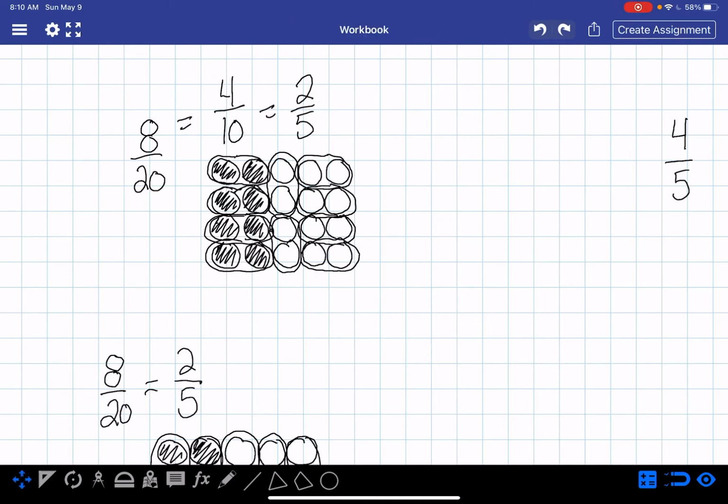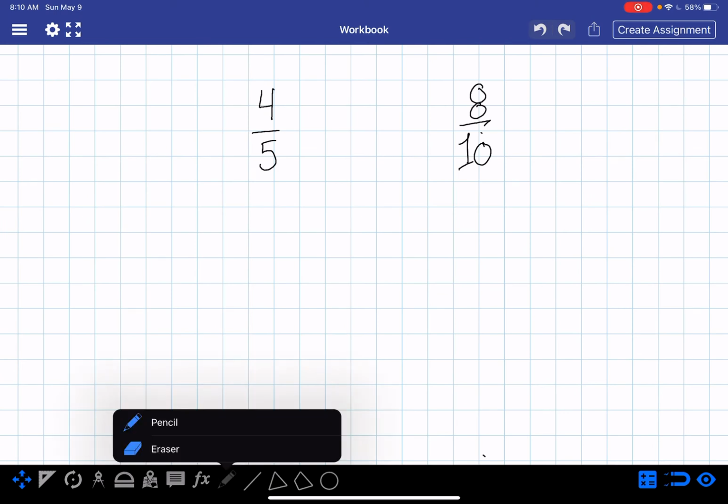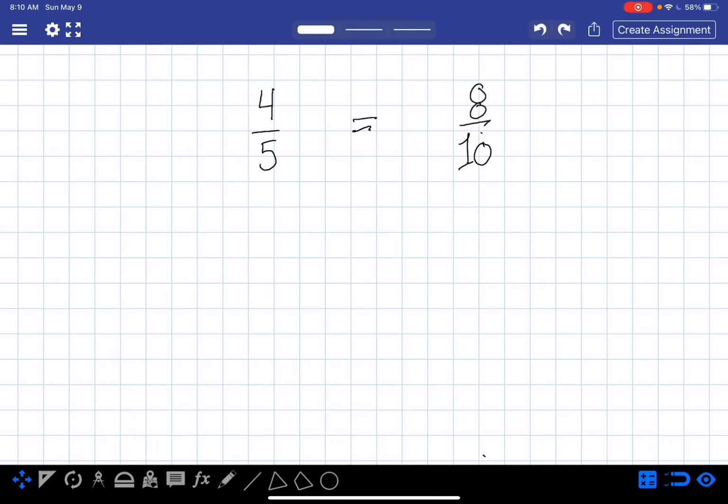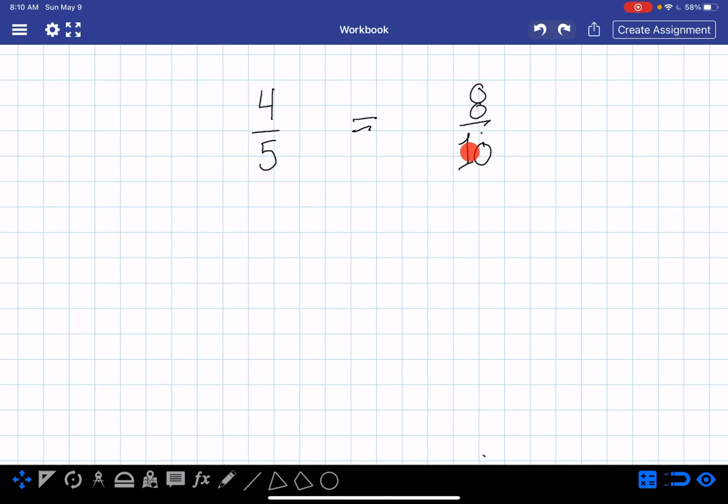Okay, so let's try another example. We're going to illustrate how, this time, they're telling you that these two are equivalent fractions, they're equal. Prove it, okay? So I'm going to draw the same model. Now, the first thing I'm going to do is take the smaller pieces of tenths. So I'm going to show tenths first. In fact, I'm going to show this fraction first.